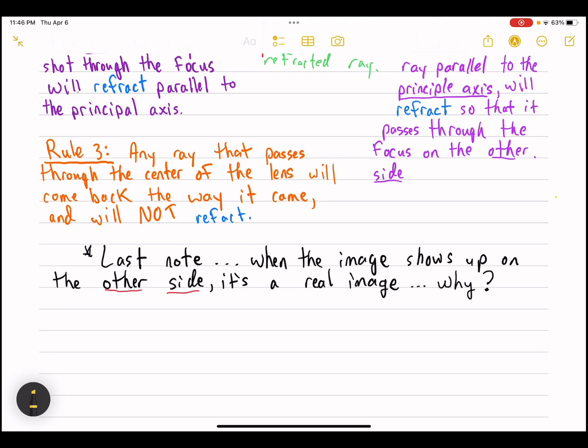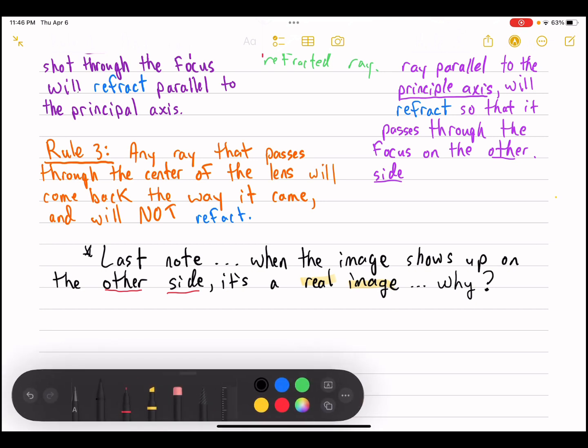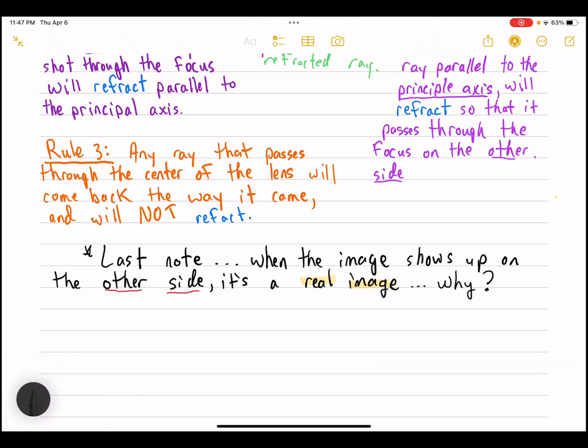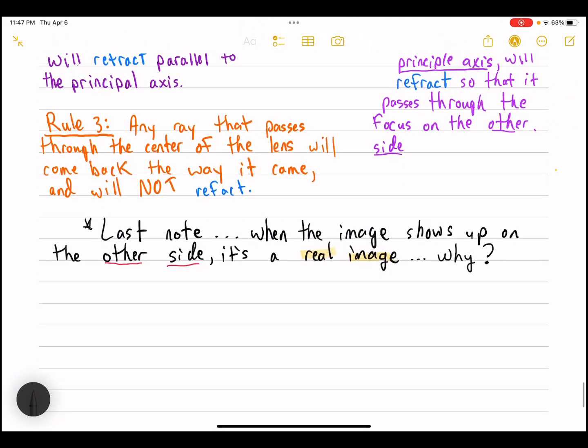Lastly, we're going to say that when an image shows up on the other side, it's a real image. And while that might be counterintuitive when we think about the mirror diagrams, the explanation is quite simple. Why? Because when you actually shine the light through a lens, specifically a converging lens, the image really does go through the lens, right?